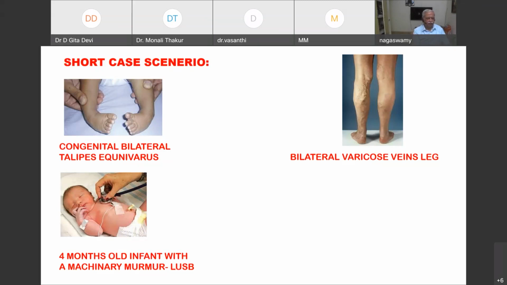So what are the other options apart from the drug therapy? PDA ligation, sir. That is surgical. Any interventional procedures? Nowadays, everything, radiologists or cardiologists, they try to do without surgery. Even the day before yesterday, within 9 hours, they have done mitral clipping and trans-aortic valve repair in 9 patients in a city hospital.